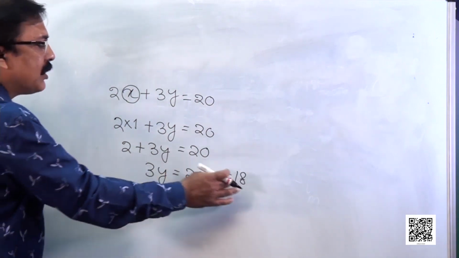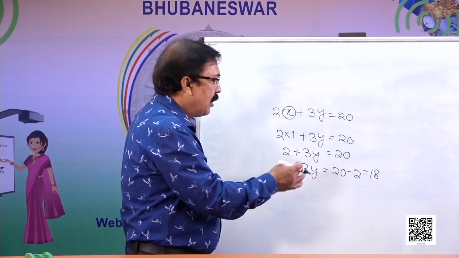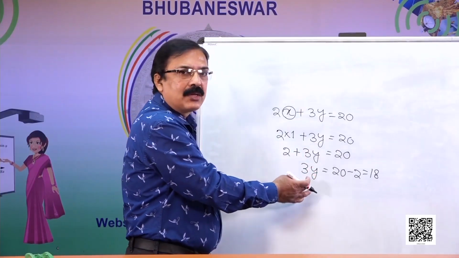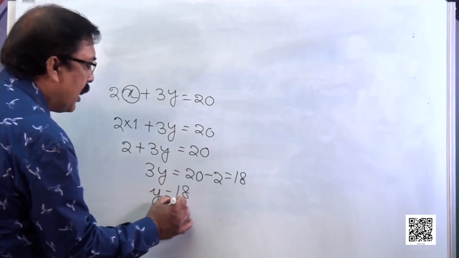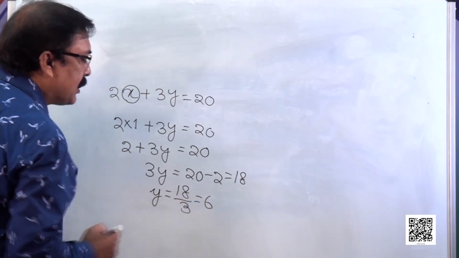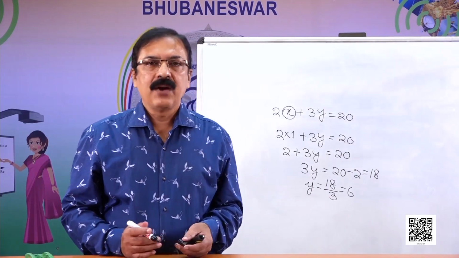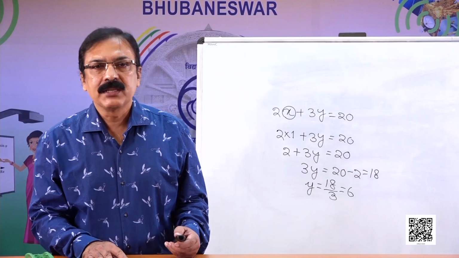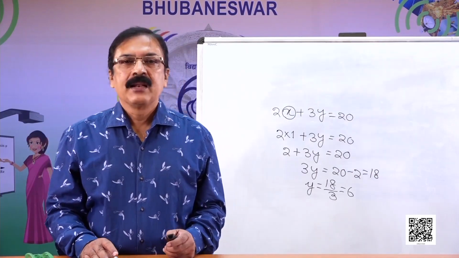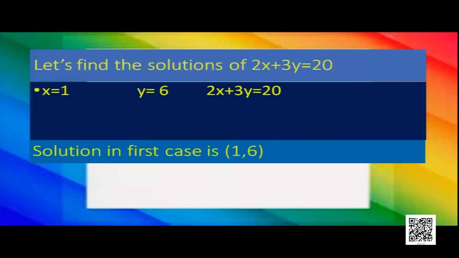So, 3y is equal to 18 is an equation in one variable, and we will get a unique solution for y, that is y is equal to 18 by 3, that is 6. So, the value of x is 1 and the value of y is 6, which satisfies this equation. We can say that the solution is (1, 6).